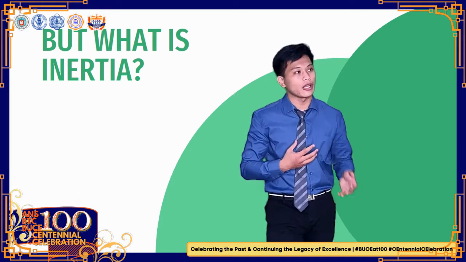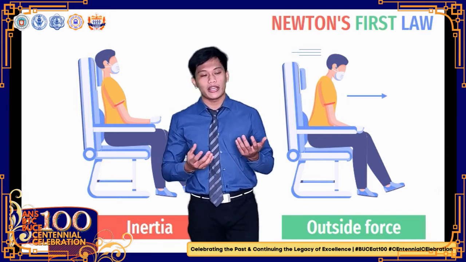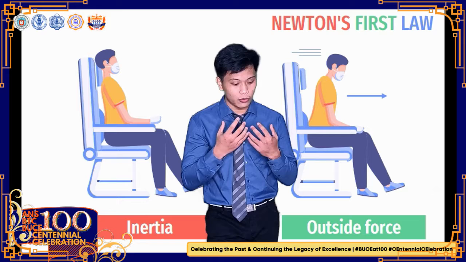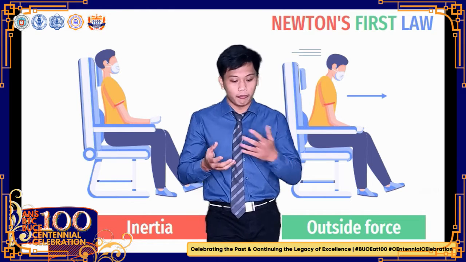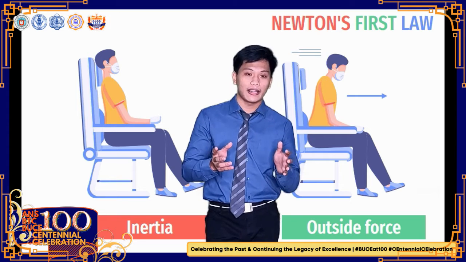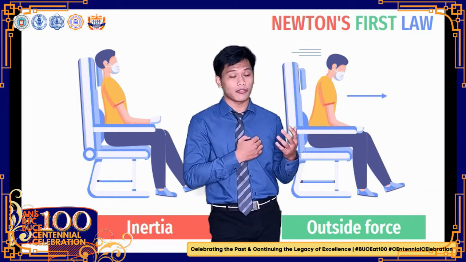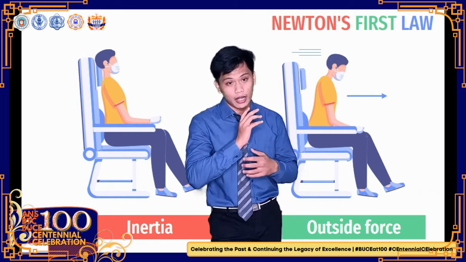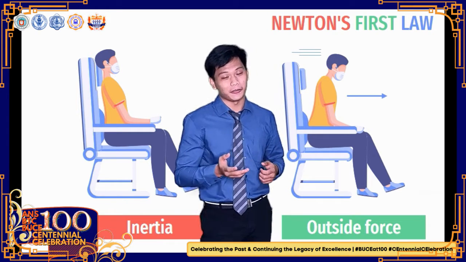Now you can feel this when you're riding a bus. When it stops suddenly, you feel a jolt. You tend to move forward even though the bus completely stopped. It's because of inertia. That's why vehicles have seat belts, for your inertia to not carry you and fly you through the window.